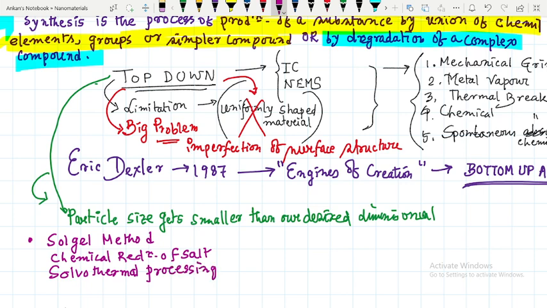Okay, all these things fall under this category, but it is very difficult to discuss all the synthesis procedures with you in the very short time here. So the syllabus has decided that we have to only know about the important procedures which are very helpful over the others in the synthesis of nanomaterials.